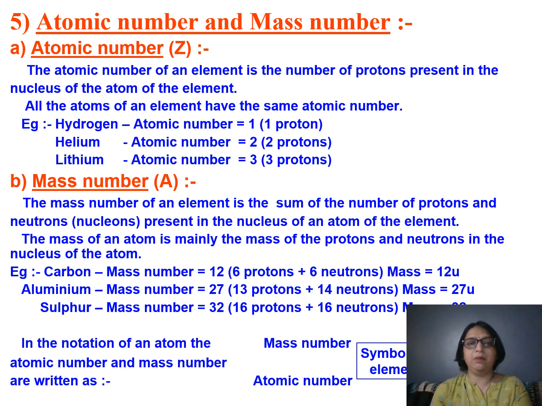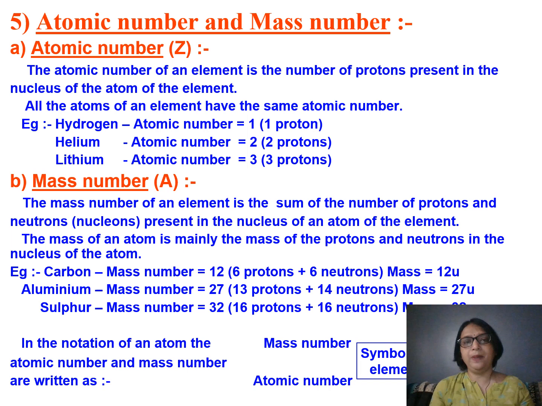The atomic number of an element is the number of protons present in the nucleus of the atom of the element. Remember that. The number of protons is the atomic number, not the number of electrons. The number of electrons will be equal to the number of protons, but the number of protons is the atomic number.